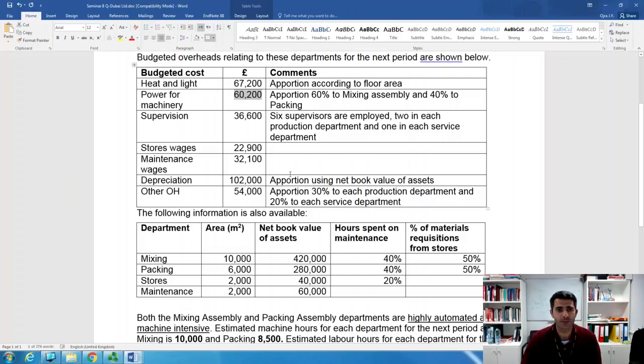If you look at the comments, you will see that the total cost for power is £60,200, apportioned 60% to the mixing department and 40% to the packaging department. Can you see?